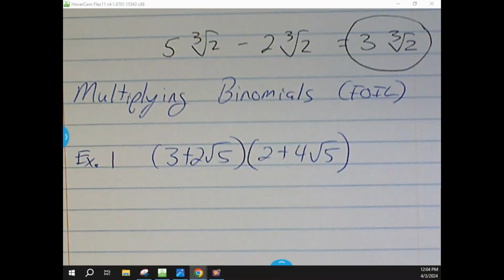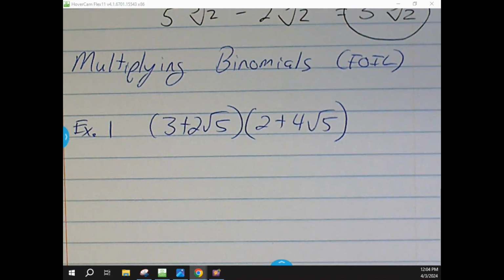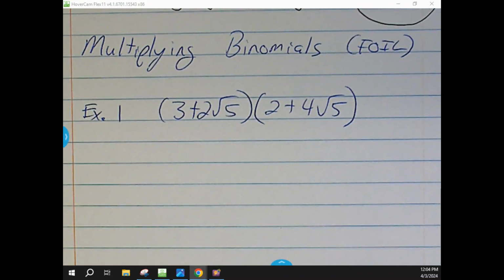Okay, so we're going to have 3 plus 2 square root of 5, and then 2 plus 4 square root of 5. All right, and again, full method is just double distributive property.